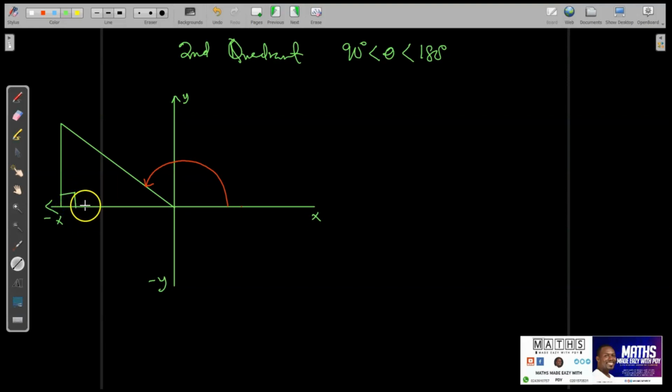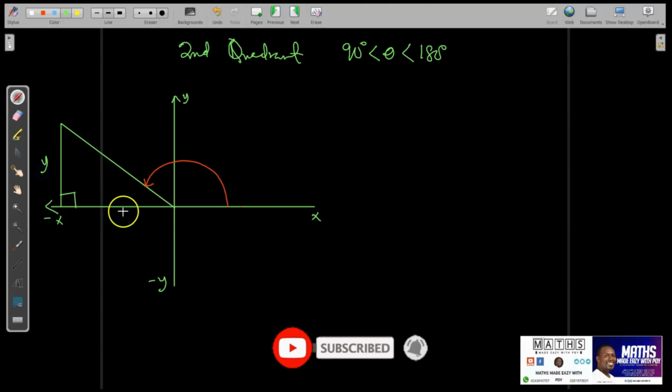That's my 90 degrees. What will be the value on the vertical axis here? A negative number? Are you sure? Vertical axis. It's a positive value, a positive y. What will be the value of the x on the horizontal axis?